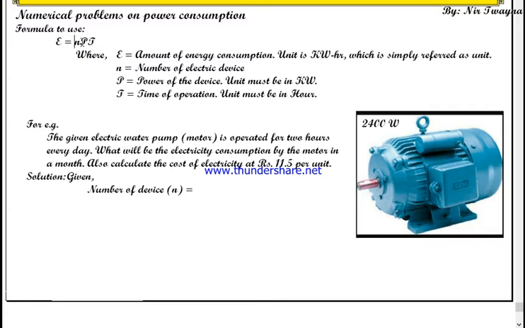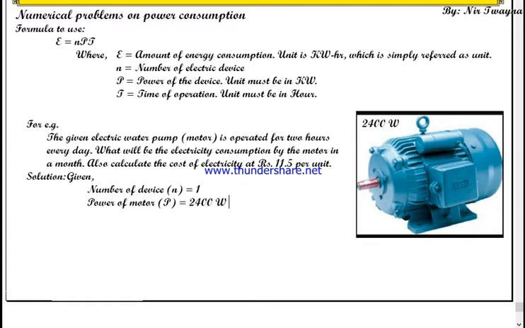First I'll take information about N, then P, and then T. What is the number of devices here? 1. And then power of motor, P, equals how much? 2400 watt. Now look here, the unit of power must be in kilowatt, but it is given in watt.